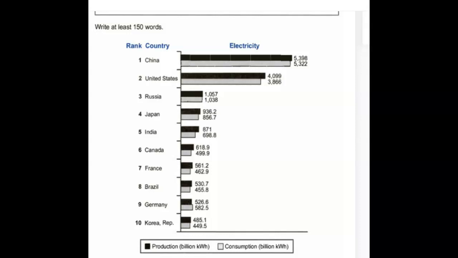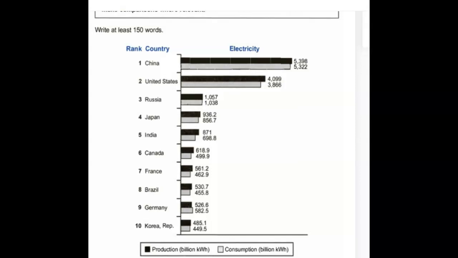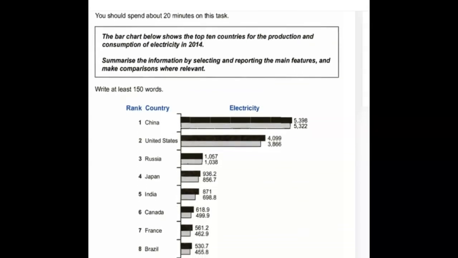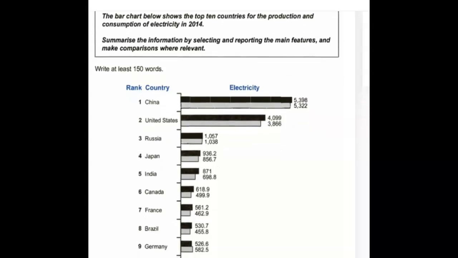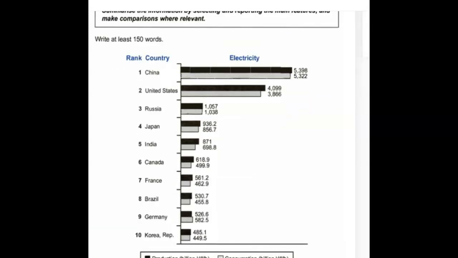What you need to do here instead is use comparison language. That's what you're doing here. You're just comparing a handful of things, okay? So you're comparing, obviously, production and consumption. Okay, so production is black, consumption is gray, all right? And then you're going to be comparing the countries amongst each other.